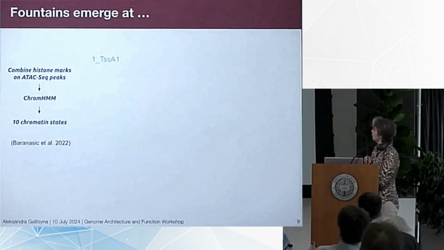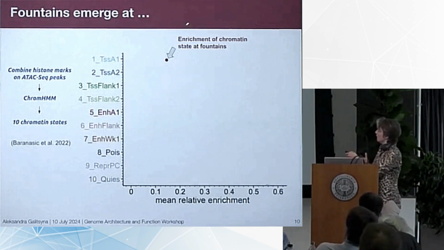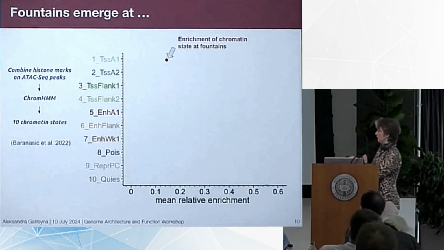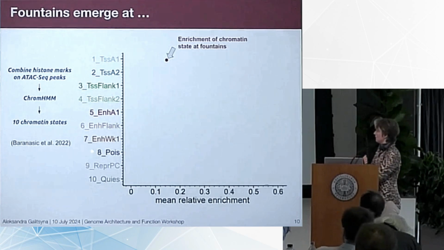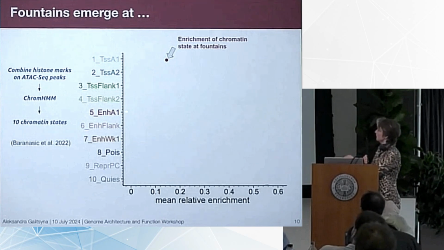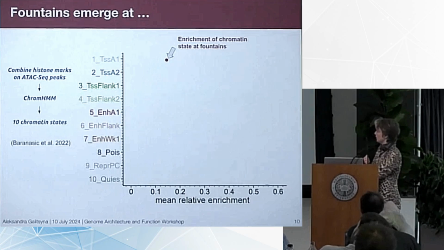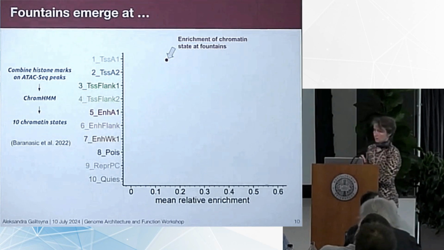We can look at how much the fountains are enriched at this particular chromatin state. And then we can look at many other chromatin states they annotated, including transcription flanks, enhancers, flanks of enhancers, weak enhancers, poised chromatin, repressed, and quiescent chromatin.